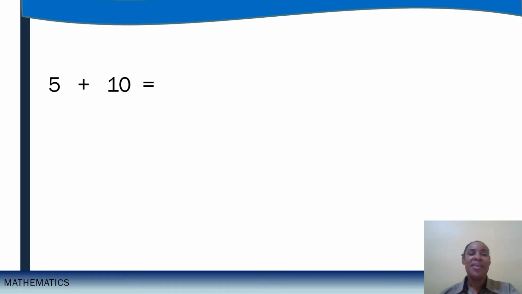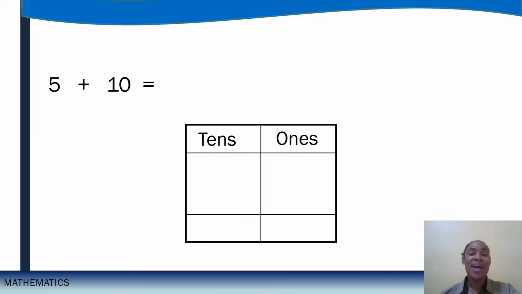Boys and girls, we will use a place value mat to help us add these numbers. When we use a place value mat, it helps us to see the value of the numbers that are being added. So we have 5. The 5 is 5 ones. And we have 10. The 10 is 1 ten and 0 ones.